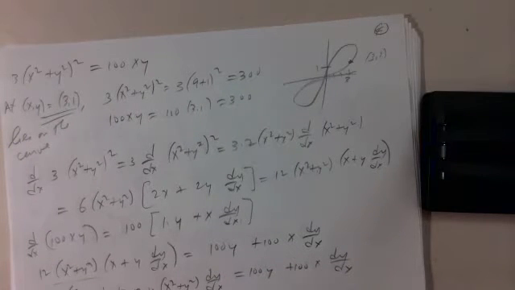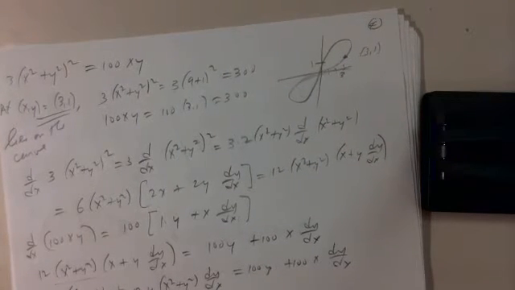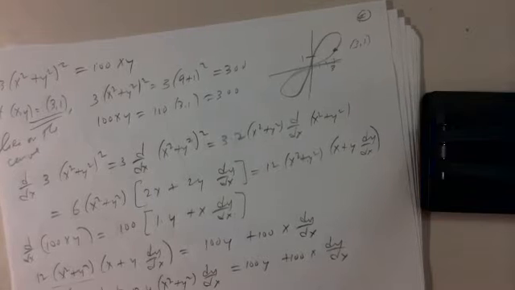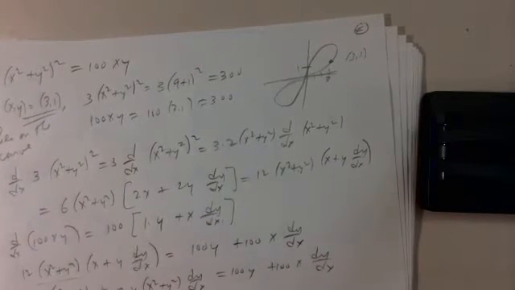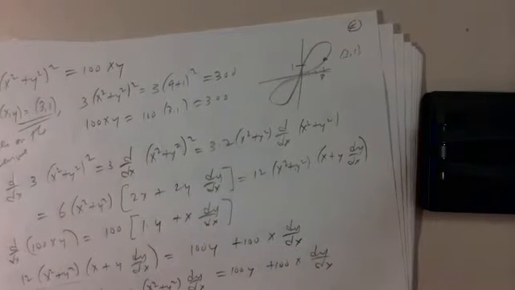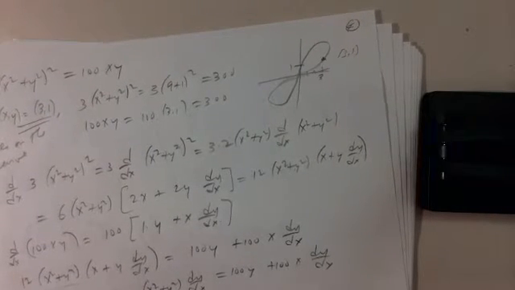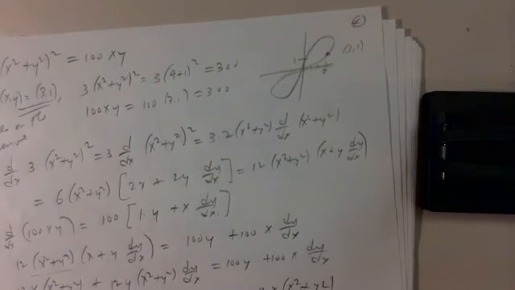So if I solve for dy/dx, bring this over here and this over there, I get dy/dx times (12y (x squared plus y squared) minus 100x) equals 100y minus 12x times (x squared plus y squared).